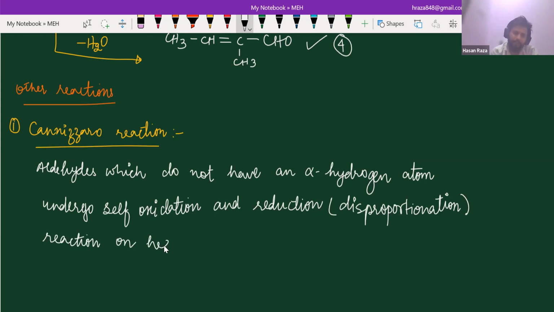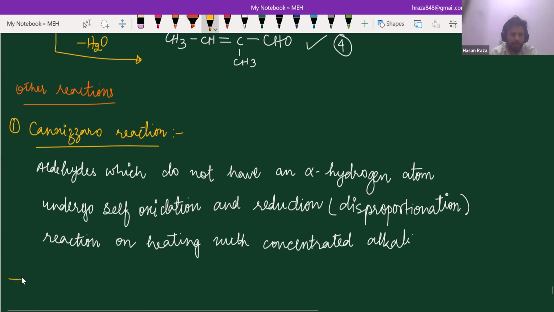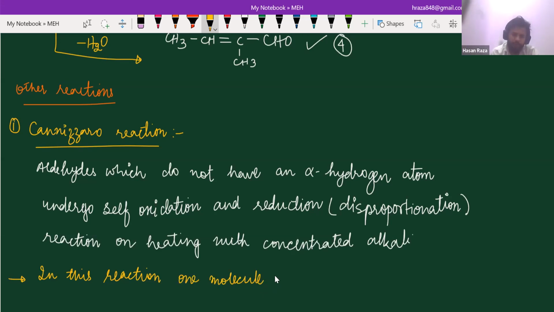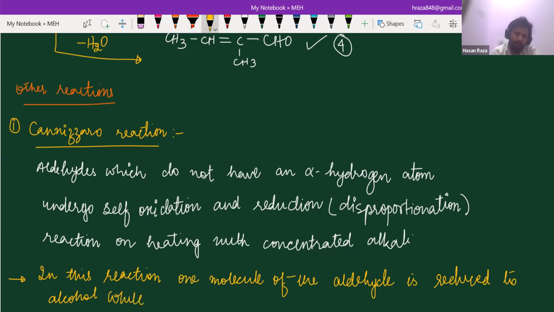On heating with concentrated alkali. In this reaction, one molecule of the aldehyde is reduced to alcohol, while the other molecule is oxidized to carboxylic acid.